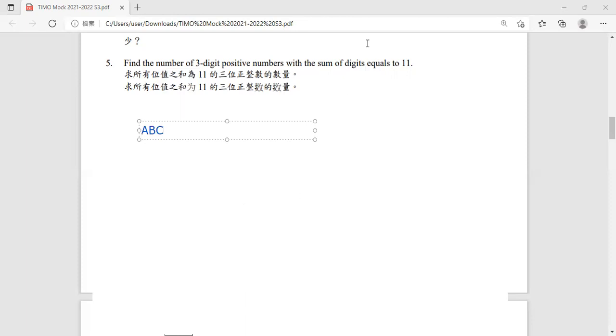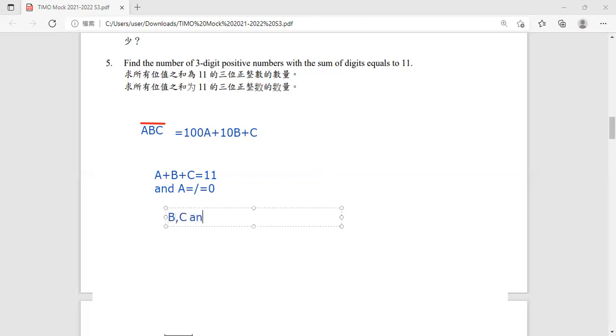The bar over ABC means 100A plus 10B plus C. Now I know that A plus B plus C equals 11, and A is not equal to 0. So B and C can be 0.